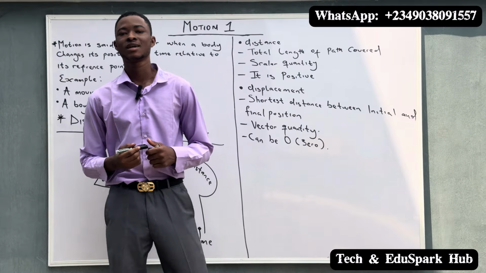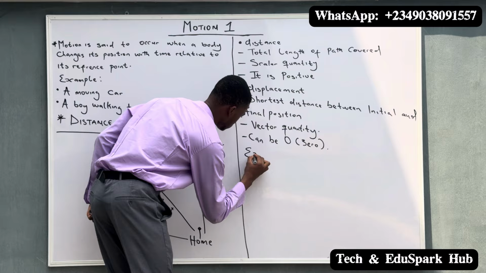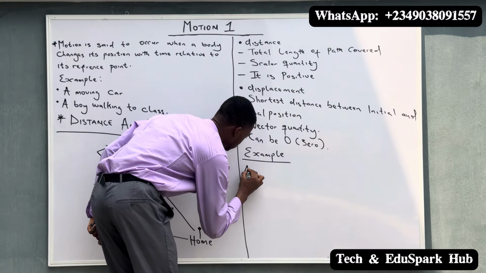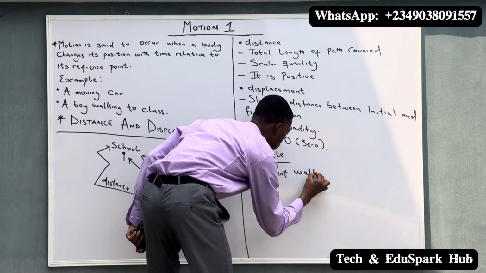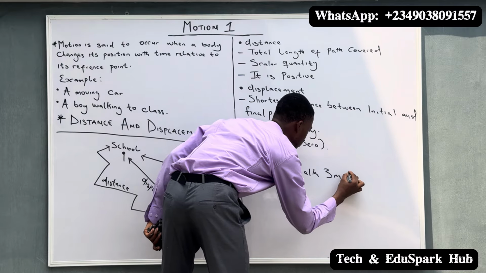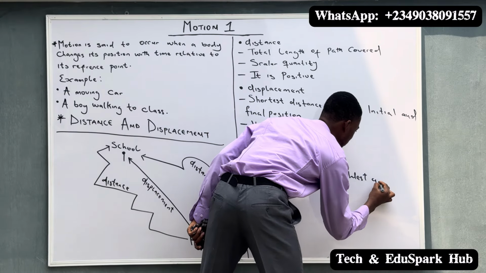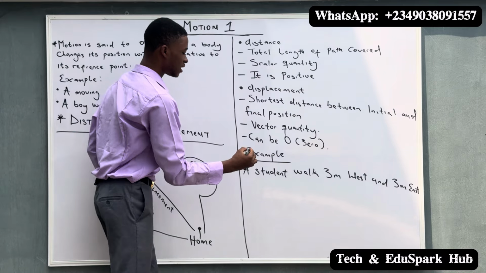So let's look at examples under this concept. For example, let's say a student walks 3 meters west and 3 meters east. So what is the distance covered?